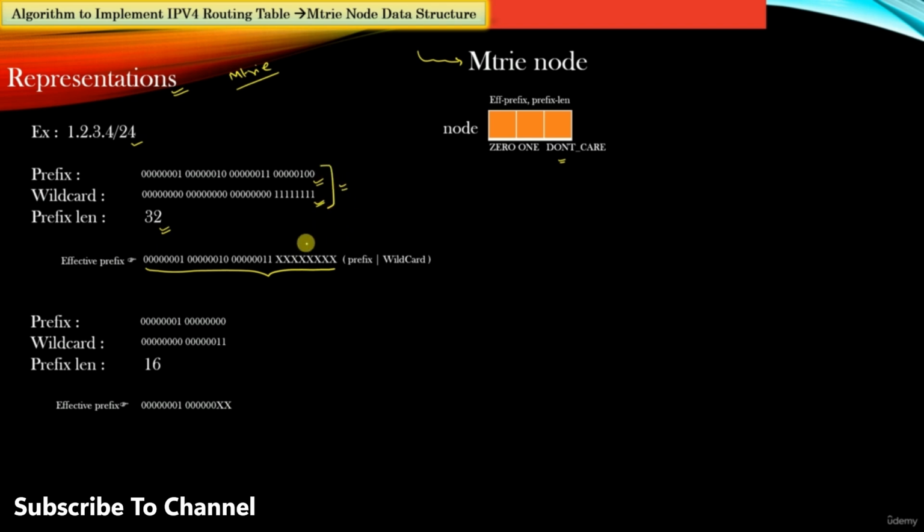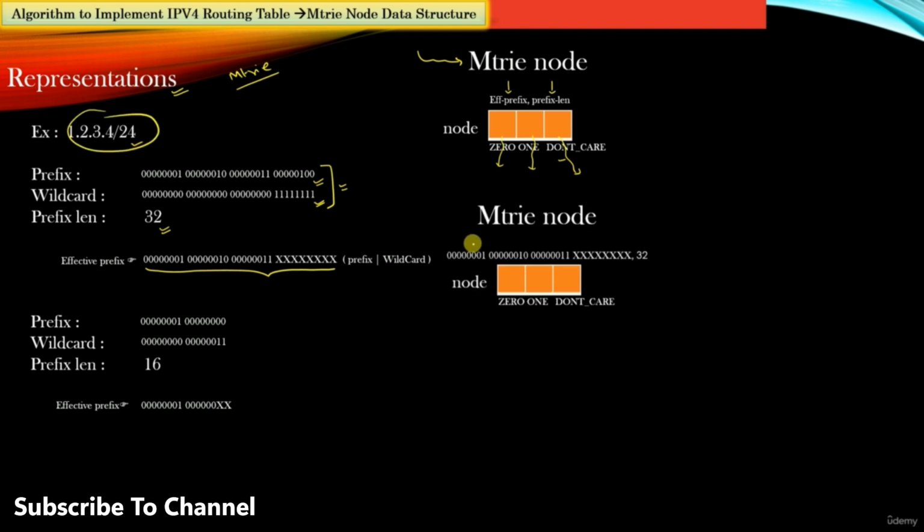All right. So as I said, each node is going to store the information regarding a route. Each node will store the effective prefix, the prefix len, and certain pointers which point to its child nodes. The child nodes we will discuss later when we actually discuss the algorithm. So the mtrie node which will be used to store this particular route would look something like this.